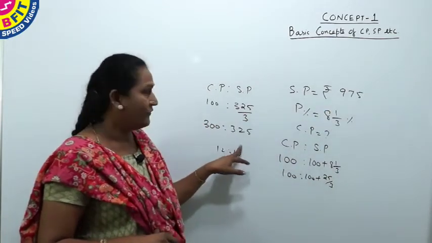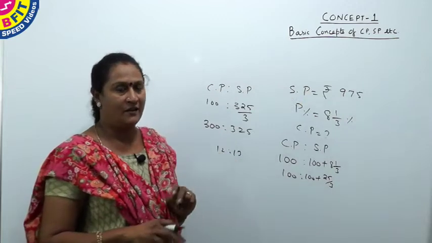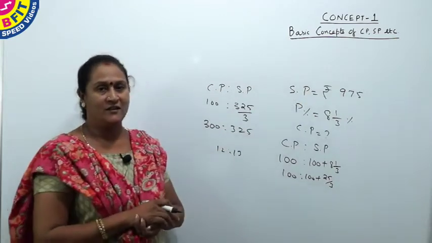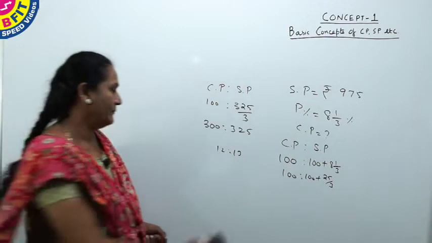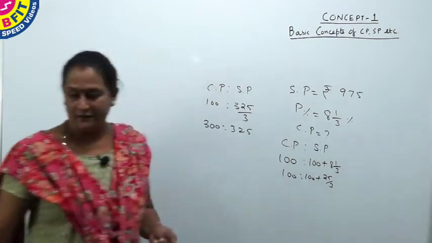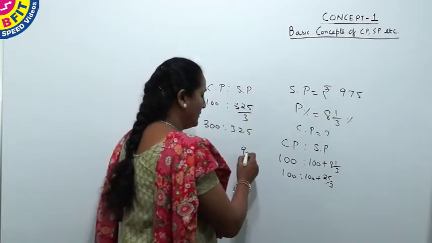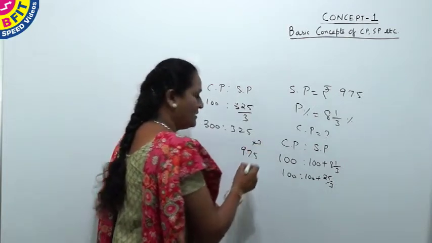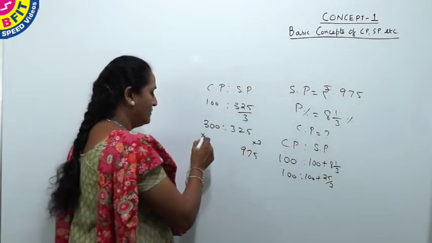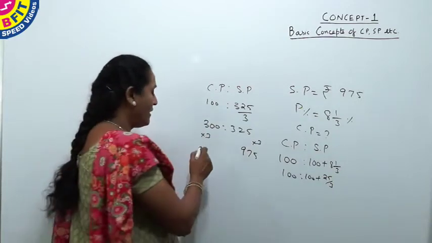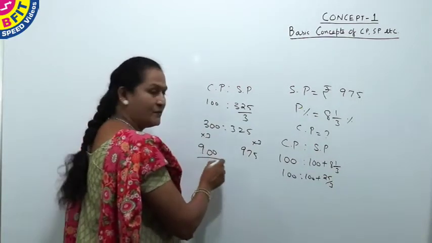That is 325 into 3, we have got 975. So easily you can find the answer now. Multiplying this with 3, we get selling price 975. The same value multiplied with cost price parts 300, and we get 900 rupees as the cost price.